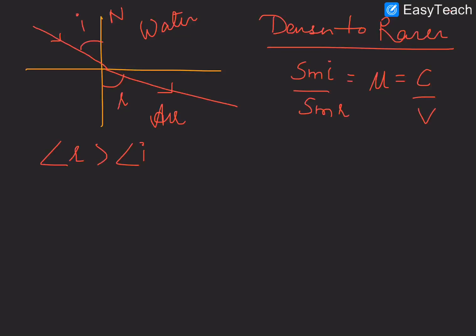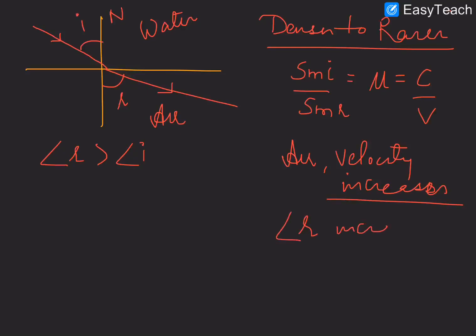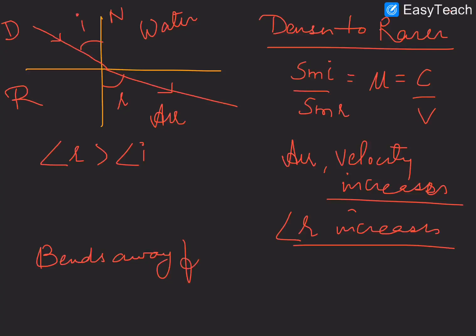Now again in this case, if it is moving into the second medium, which is air, what will the velocity be? It will increase, because it is a rarer medium. If velocity increases, it simply means that the angle of refraction will also increase. So you'll remember that when the light travels from denser to rarer medium, it always bends away from the normal.